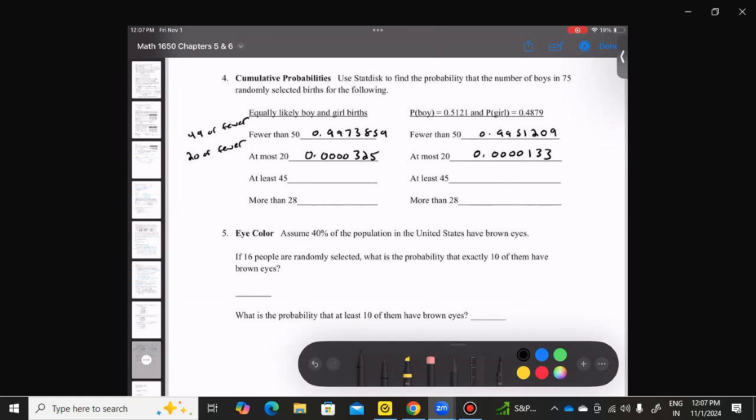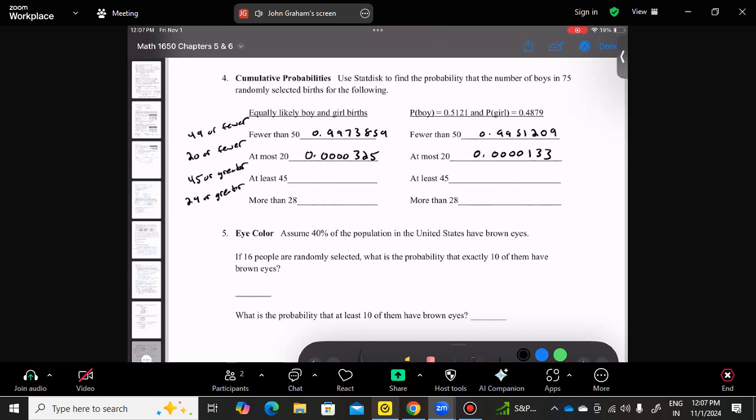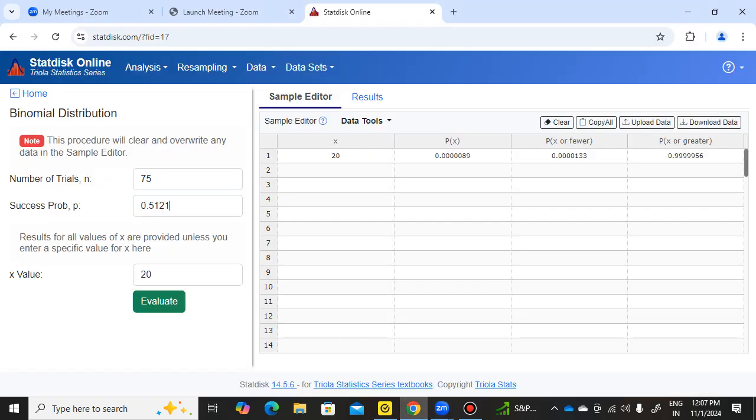Okay. When we find at least 45, we're going to look at 45 or greater. And when we find more than 28, we're going to look at 29 or greater. Okay, so 0.5, we'll do 45 or greater. So that's the last column. 0.0526711. And then we'll do it with the probability being 0.5121.